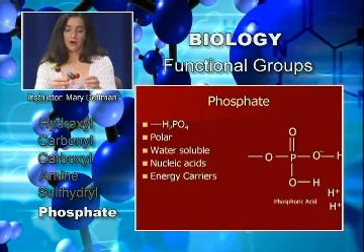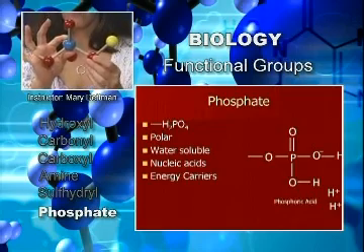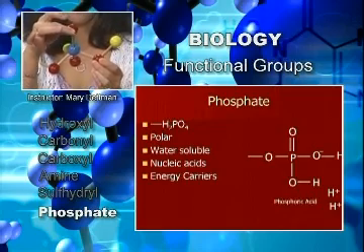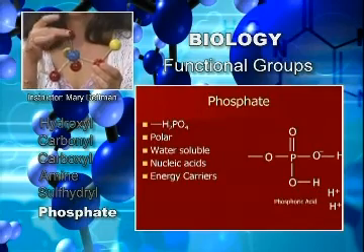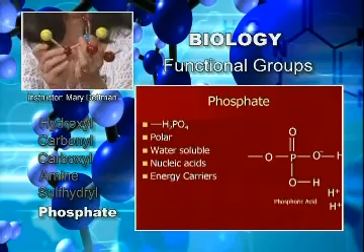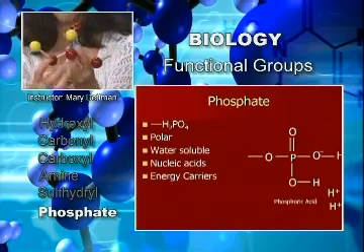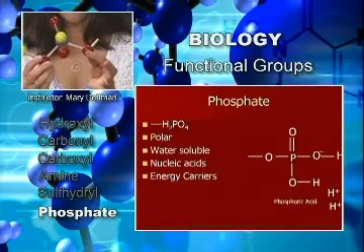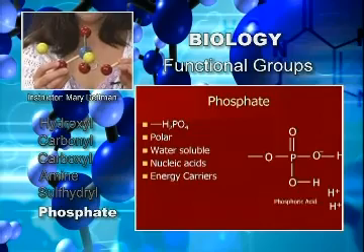When we look at our phosphate group, what we see is our phosphate covalently bonded doubly to our oxygen. So we have a double bonded oxygen, and then we have a single bonded oxygen with a hydrogen, a second oxygen with a hydrogen, and our third oxygen here attached to that hydrocarbon skeleton.